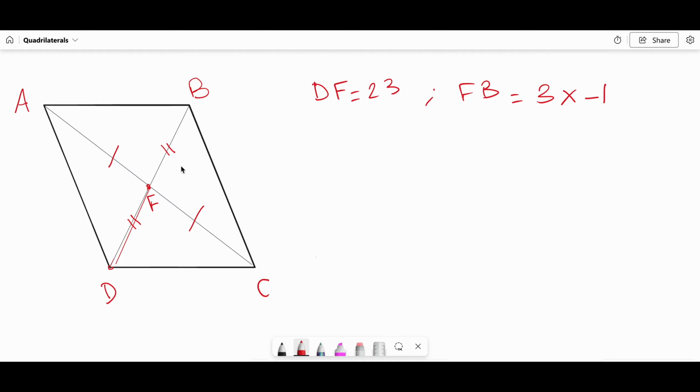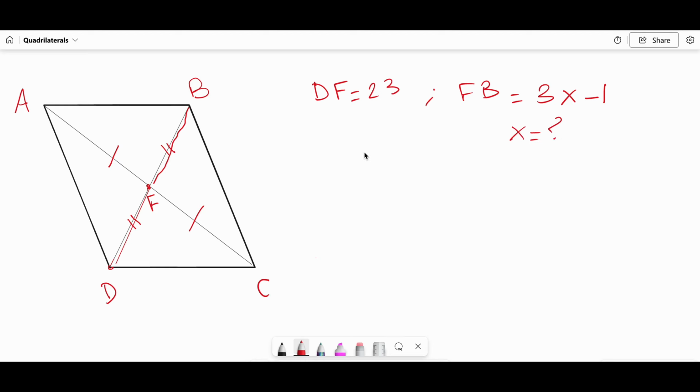And we have that FB, this segment here, is equal to 3x minus 1. Segment DF that goes from point D to point F is equal to 23, and segment FB that goes from point F to point B is equal to 3x minus 1. And we need to find X.